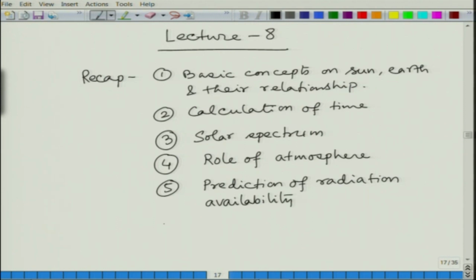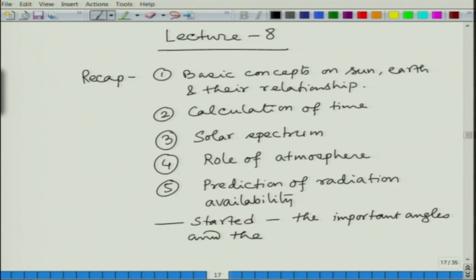And we have started in the last class the important angles and their correlation. This is where we are at this moment, and we will take it forward in this lecture.